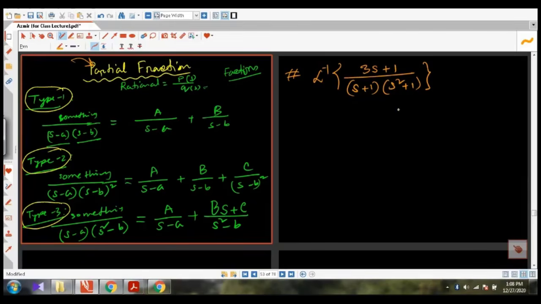So now we have to think about which type is going with the given question. Type 1, 2, 3. Tell me. Type 3.